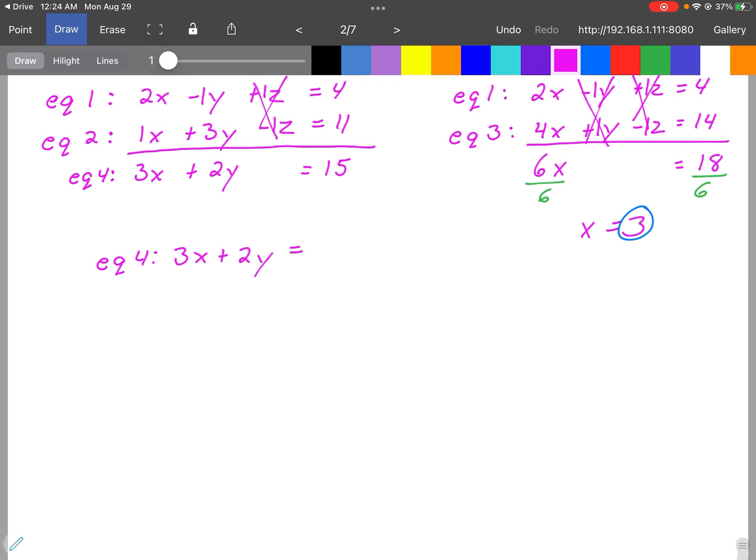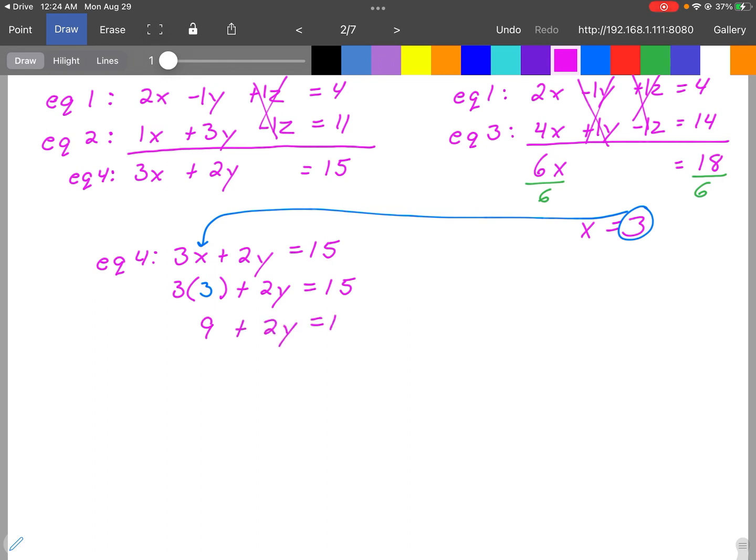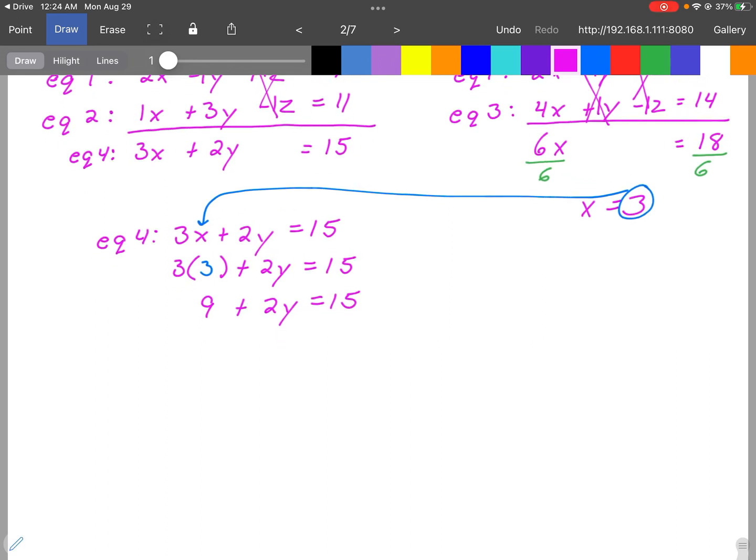And that was 3x plus 2y equals 15. And now I'm going to take that 3 and I'm going to plug it in for x. So that's going to give me 3 times 3 plus 2y equals 15.